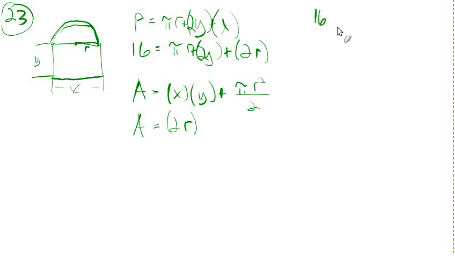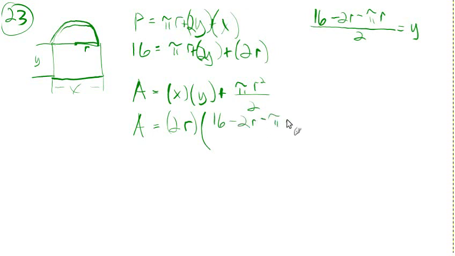It would be 16 minus 2r minus pi r, and divide that whole thing by 2, and we've isolated y over there. So this is 16 minus 2r minus pi r over 2 plus pi r squared over 2.